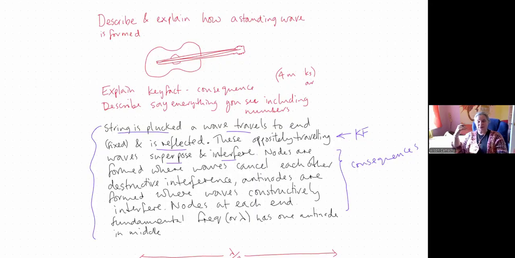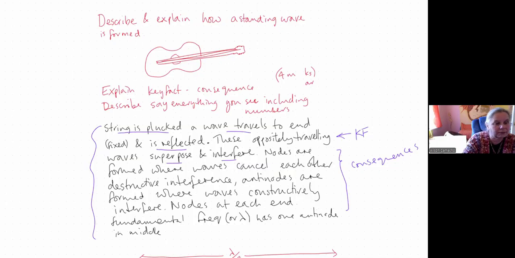And that's why describe and explain quite often go together. I want you to be aware of this structure. It's this structure that will help you answer not just this question about how standing waves are formed, but every explain and describe question.